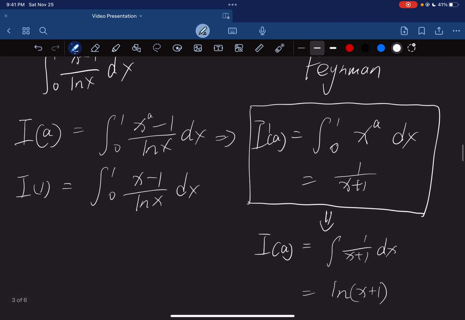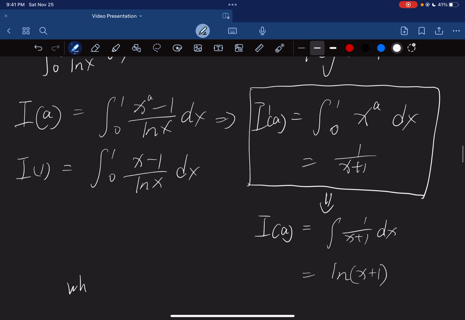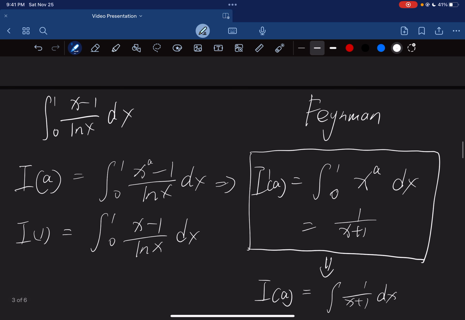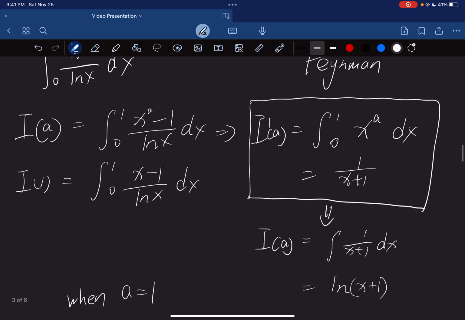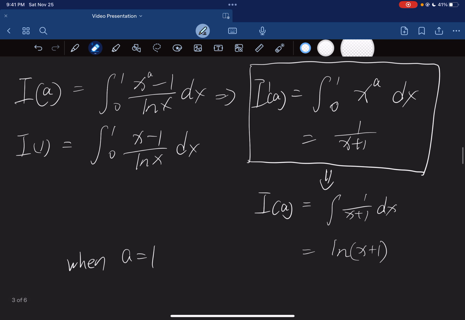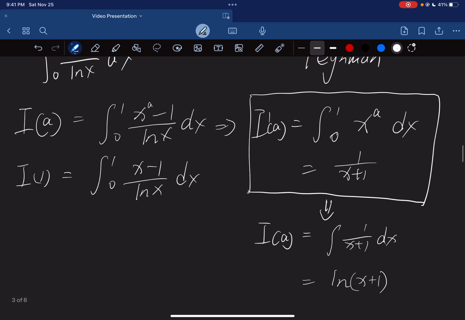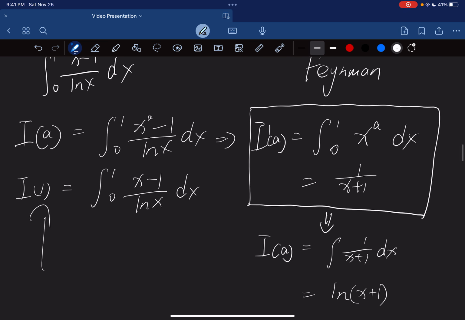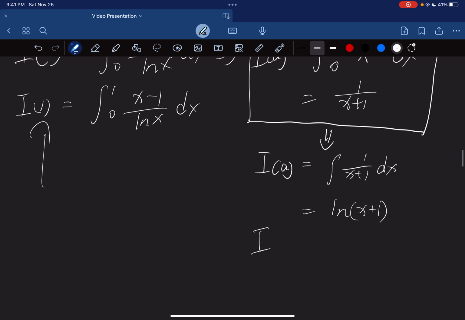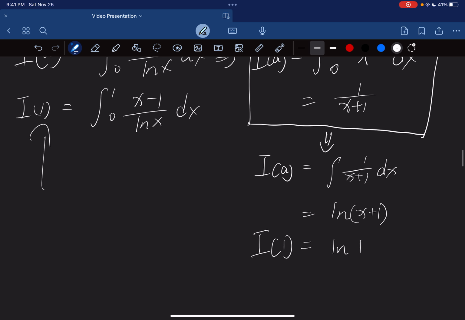So when a equals 1, that is what we want to find. The I of 1 is ln of 1 plus 1, which is ln 2.